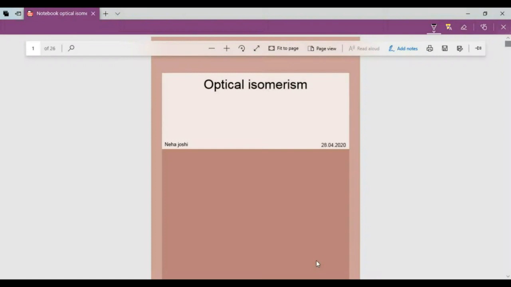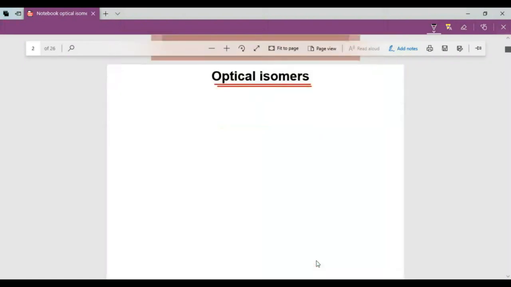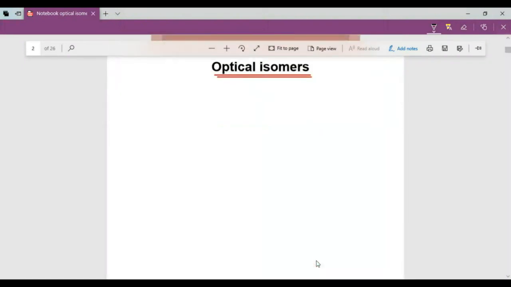I have already told you what is optical isomerism. The two molecules which are identical in physical and chemical properties, but the only difference between the two is their behavior towards plane polarized light, then those two isomers are called optical isomers, and the phenomenon is known as optical isomerism.